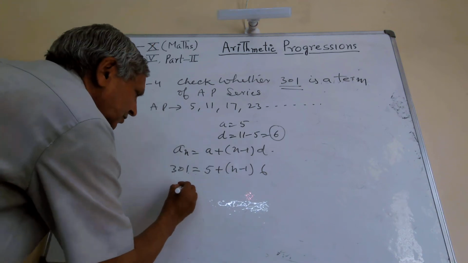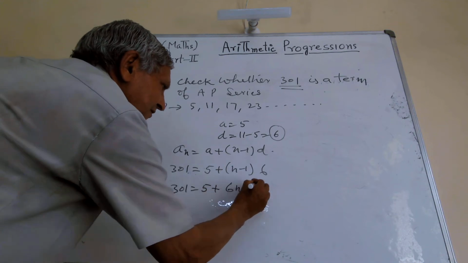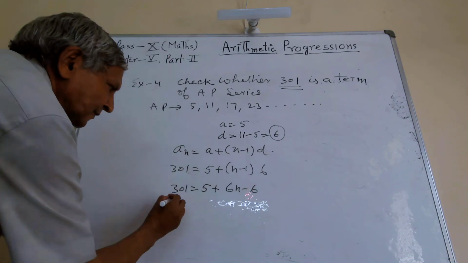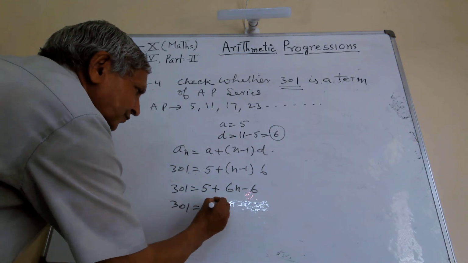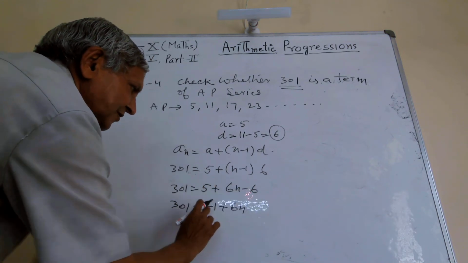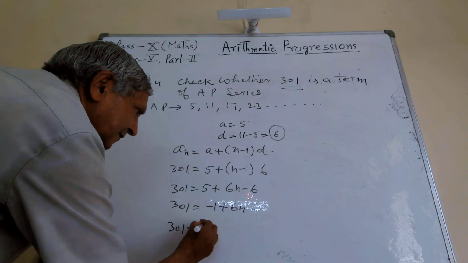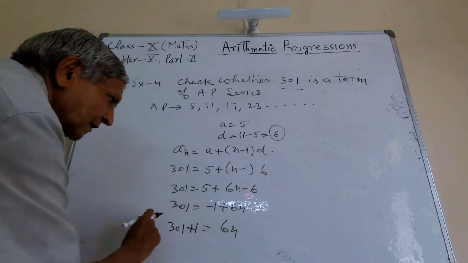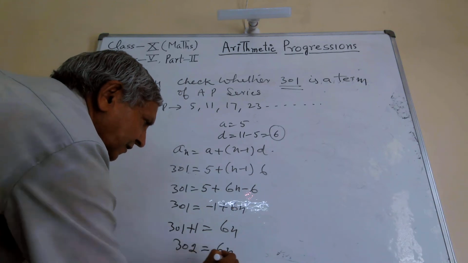Now 301 is equal to 5 plus 6N minus 6, opening the bracket. 301 is equal to minus 1 plus 6N. Here 5 minus 6 is minus 1. 301 plus 1 is equal to 6N. 302 is equal to 6N.